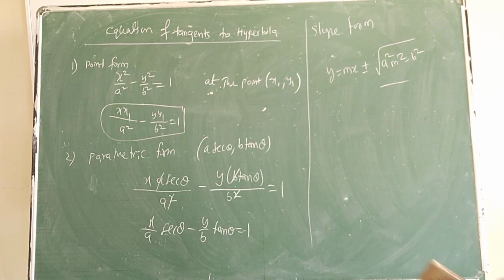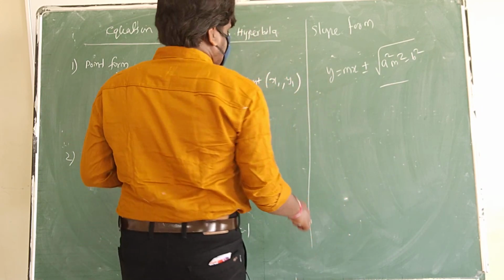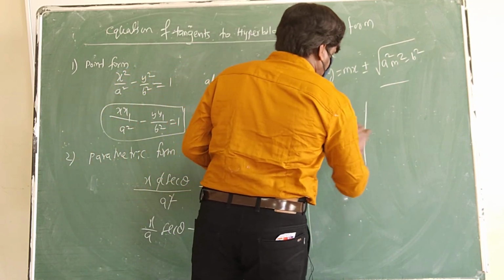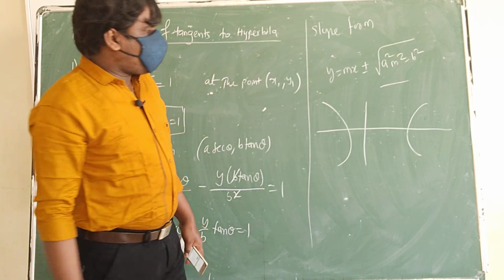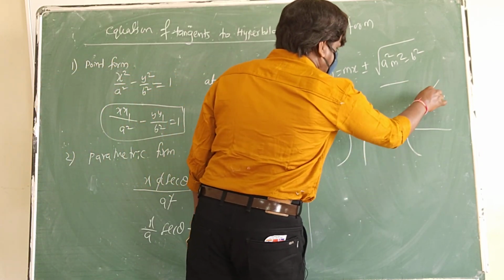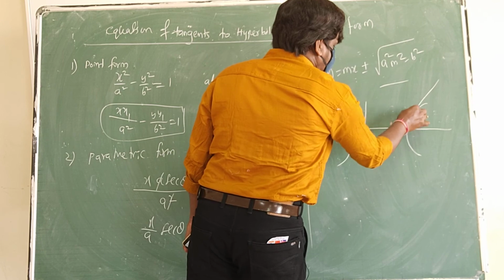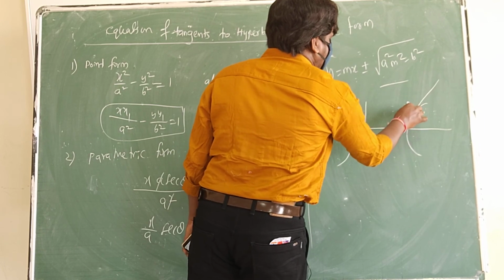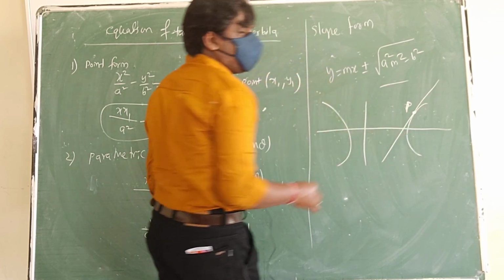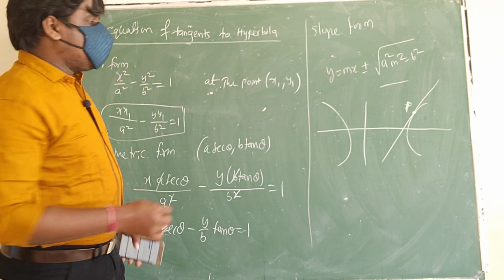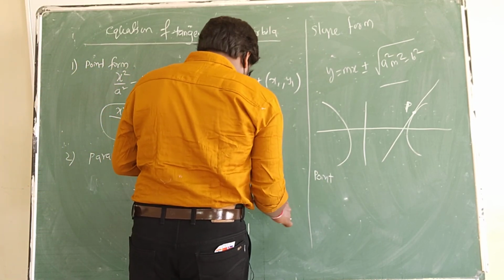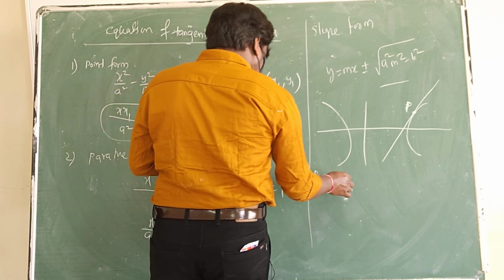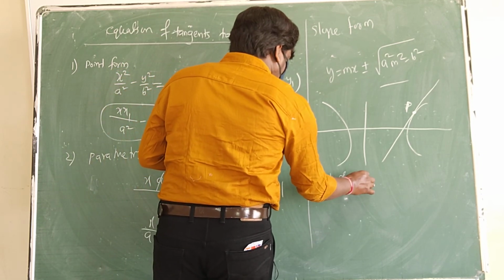Now the point of contact. See here, this is the hyperbola, and one tangent is drawn at this point P. So this point of contact, what is that point? Notice the point of contact formula.